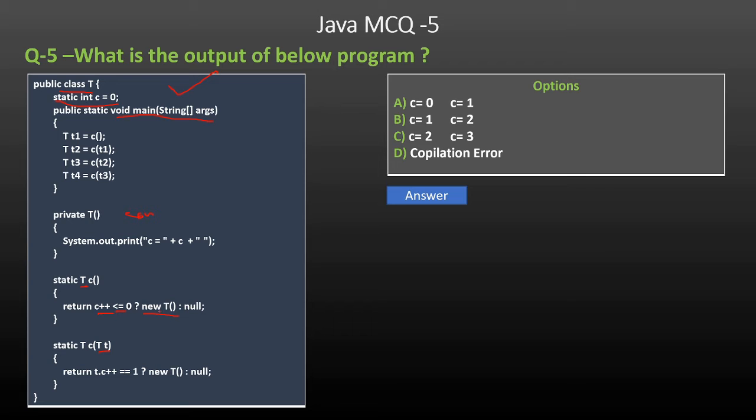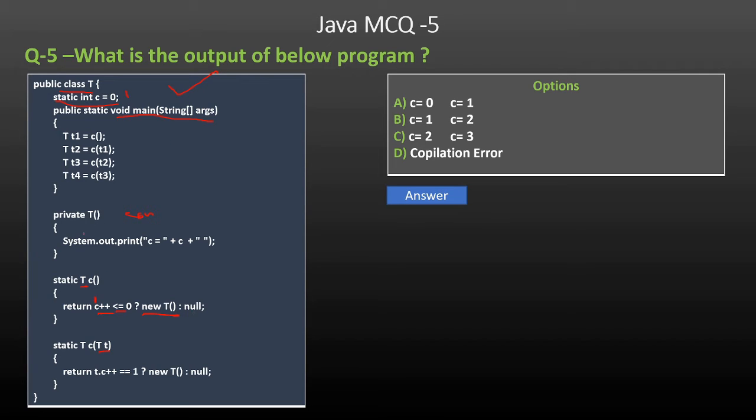But as soon as this object is created, after this comparison, the value of C will also become 1. So now the value of C is 1, and earlier it was 0 before comparison, but after comparison it becomes 1.